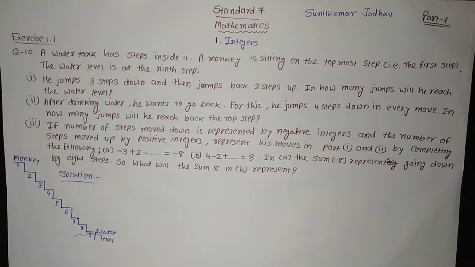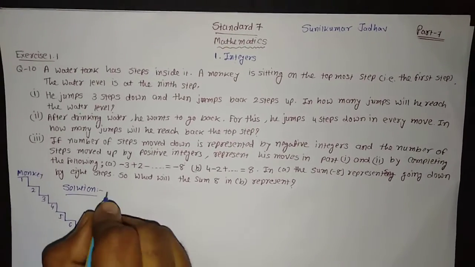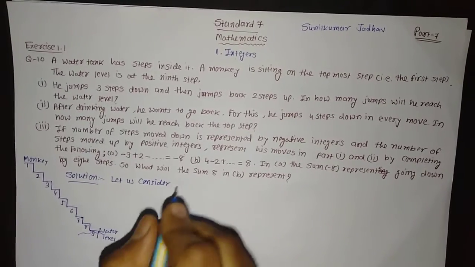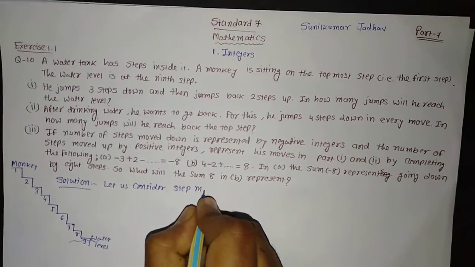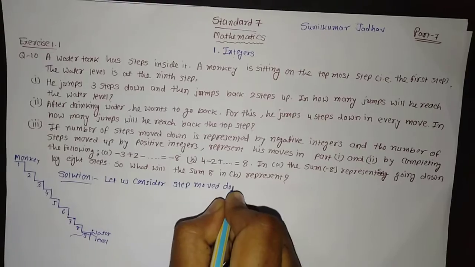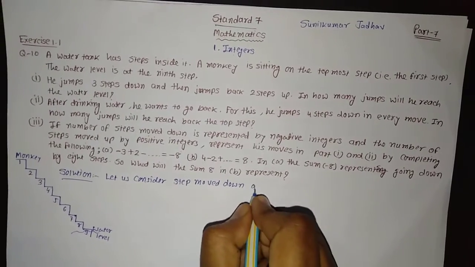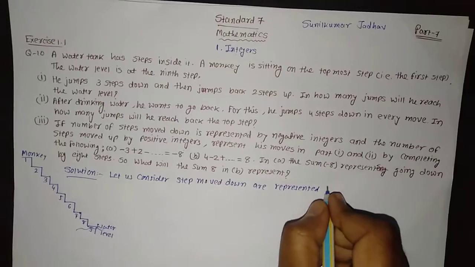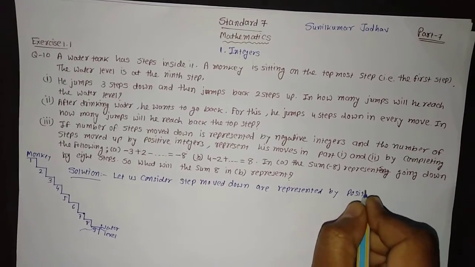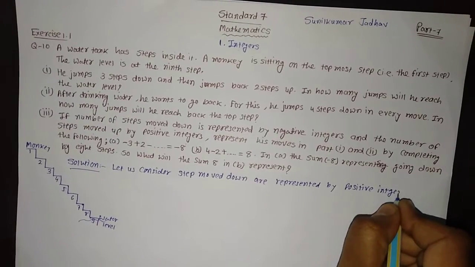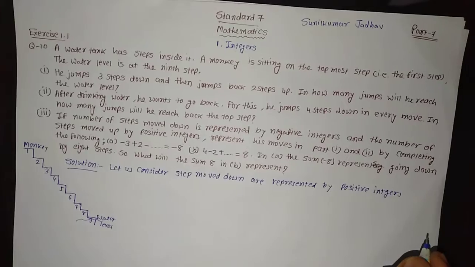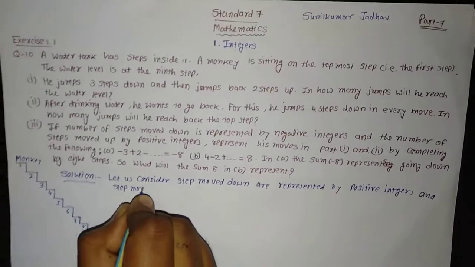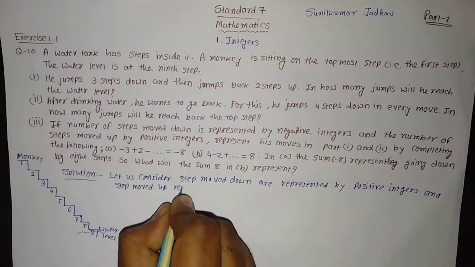What is given? Let us consider that the steps moved down are represented by positive integers, and the steps moved up are represented by negative integers.